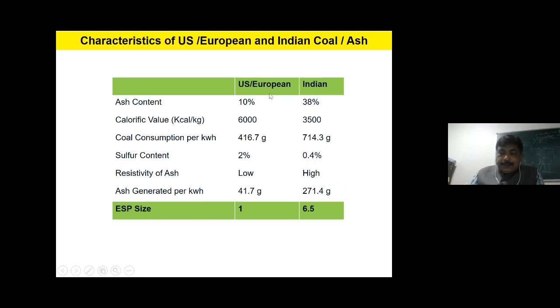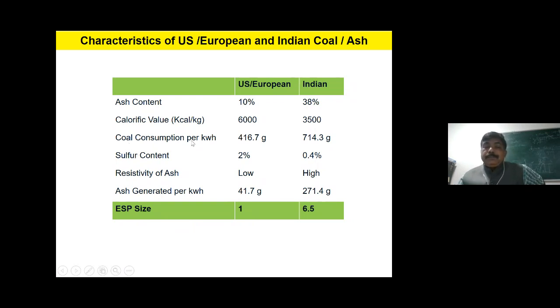US or European coal has an ash content of 10%, and our ash is 34 or 38%. Their calorific value is very high, 6000 kilocalorie per kg, and our calorific value is low. So we need to burn more coal.